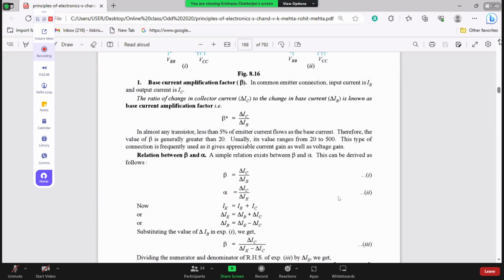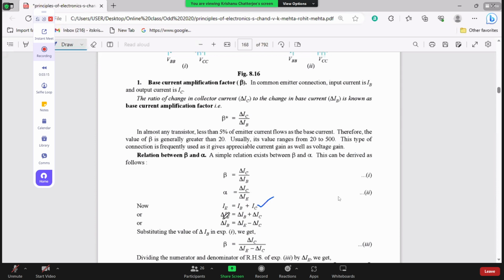There is a very important relation in terms of beta and alpha. We have beta equals delta IC by delta IB, and alpha equals delta IC by delta IE. We always know that the emitter current is the base current plus the collector current.